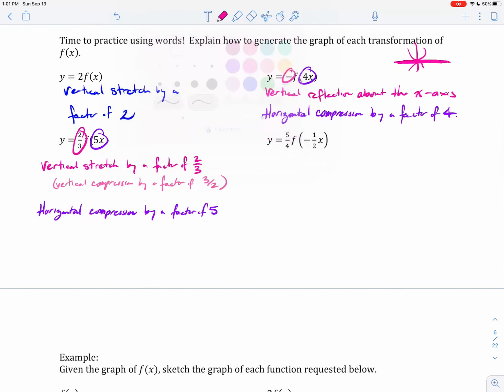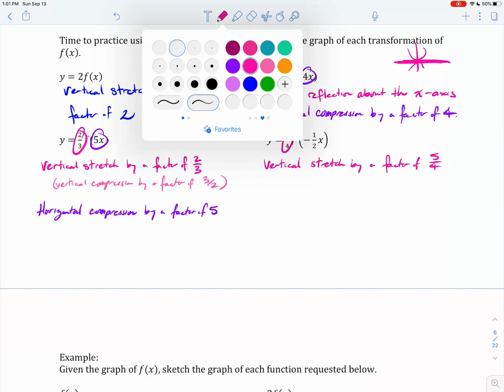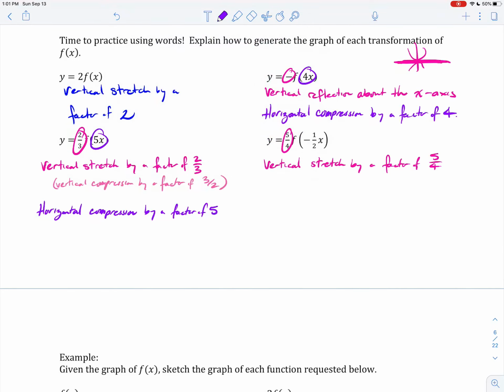And in this last example, we've got a few things going on. Let's talk about just this for starters.